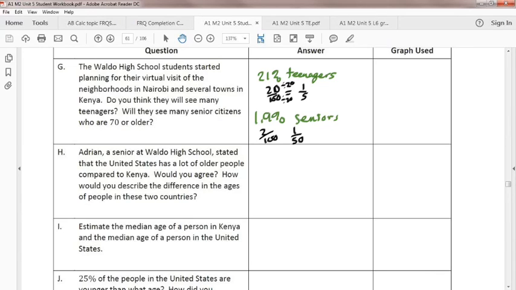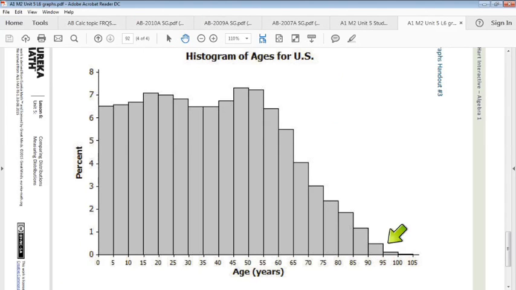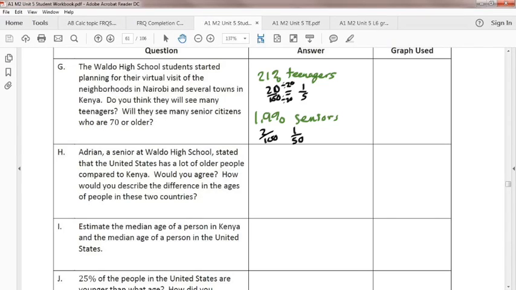So if we look at our chart again for the United States, just look at the histogram, we have 3, this is 2.5, so it's 5.5, then this is just below 2, 1.8. But yeah, there's definitely more people here in the United States that we would consider as senior citizens that we would run into. So do we agree with Adrian's statement? I would say yes.